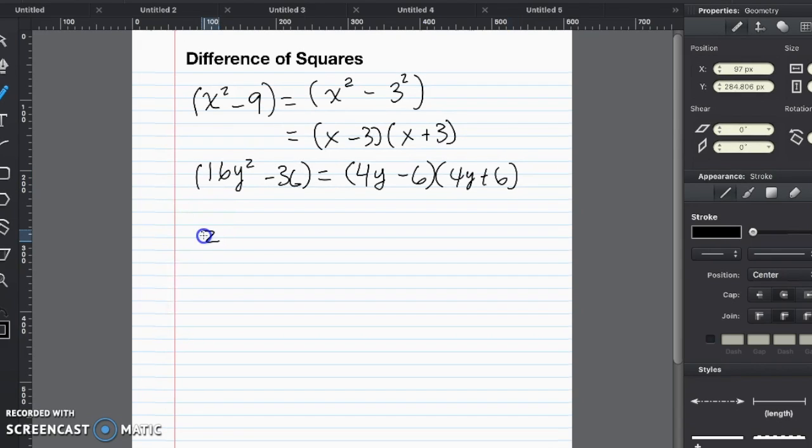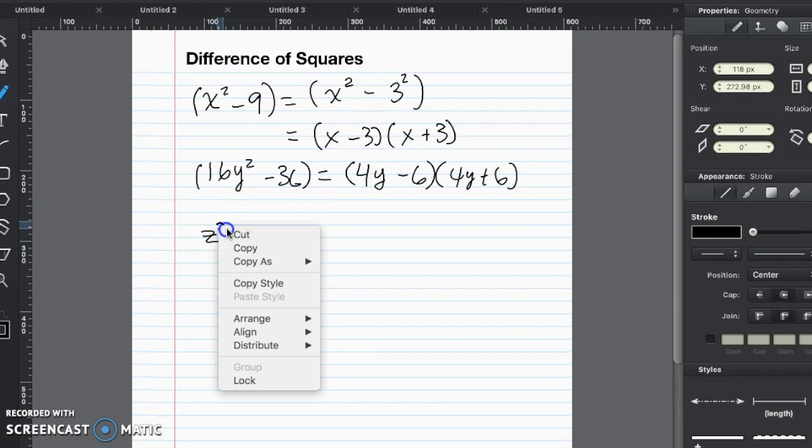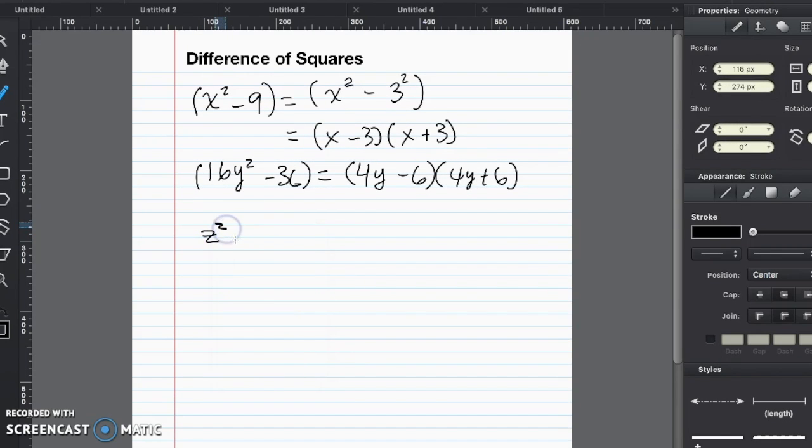And then let's look at another one. Let's call it z squared minus 3. And here's the big question: can I find a difference of squares here? Turns out I can. I just have to be a little bit clever. In these instances, what I did is take the square root of that 36 and put a 6 there. I took the square root of that 9 and put a 3 right there. In this case, I want to take the square root again.